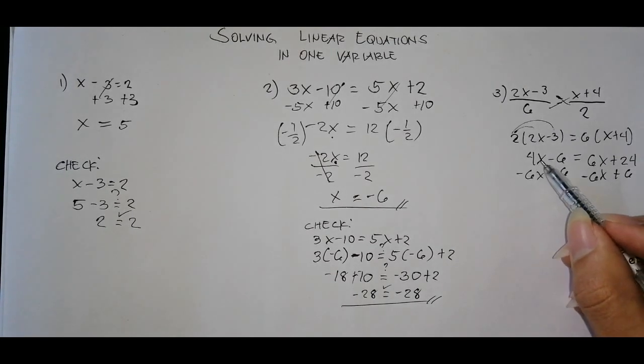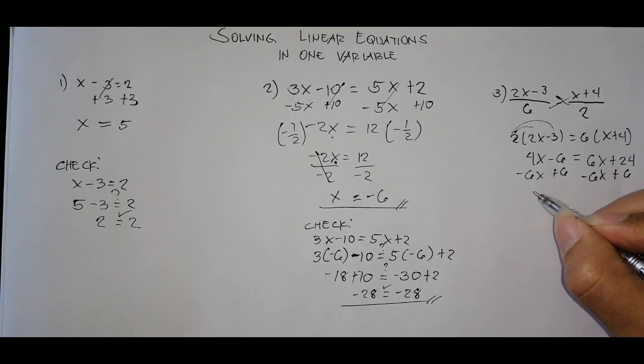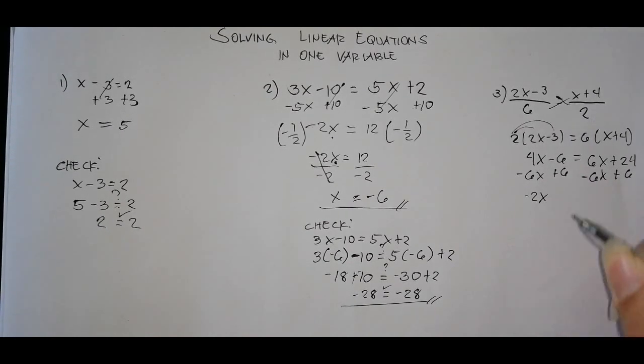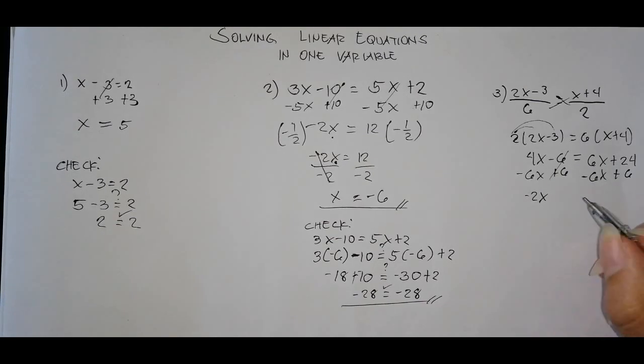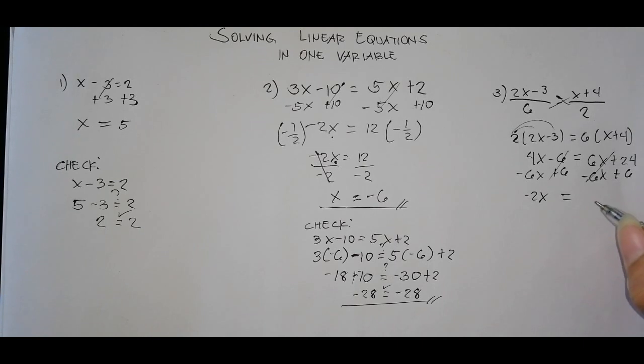In that case, 4x minus 6x, that would be negative 2x. Okay? And then, negative 6 plus 6, that would be 0. And we don't need to write 0 there. And the same, we have 6x minus 6x, that would be 0. And we have 24 plus 6, that would be 30.